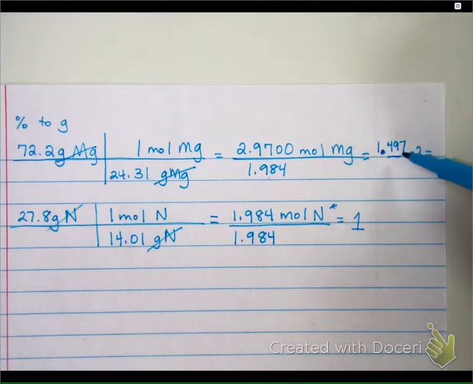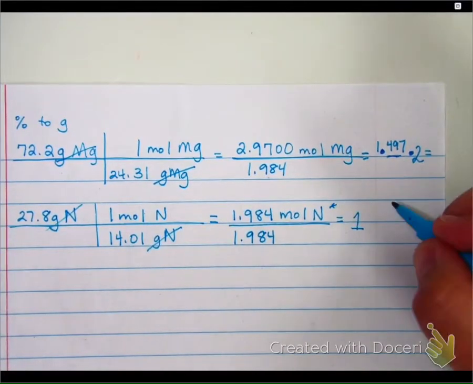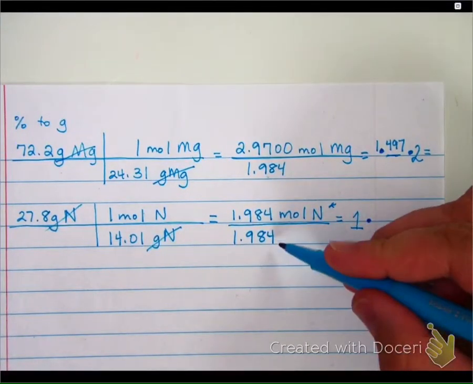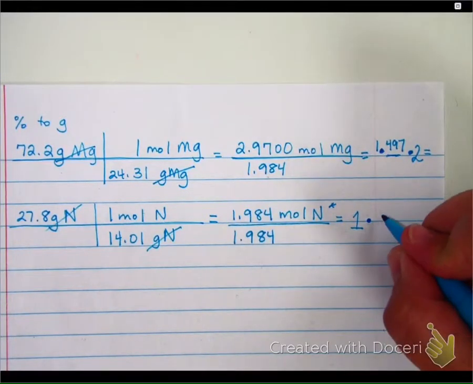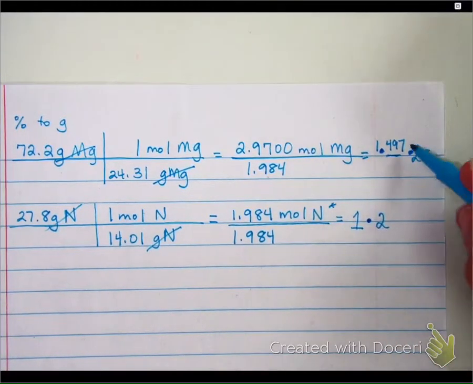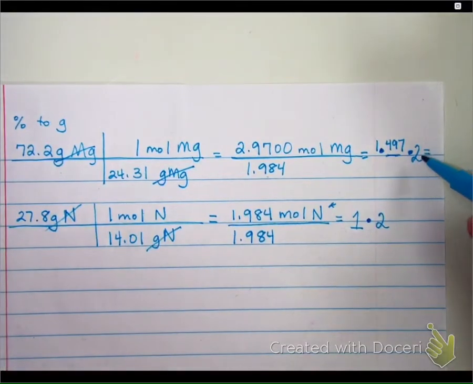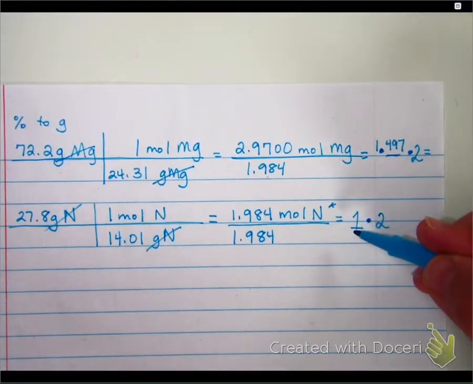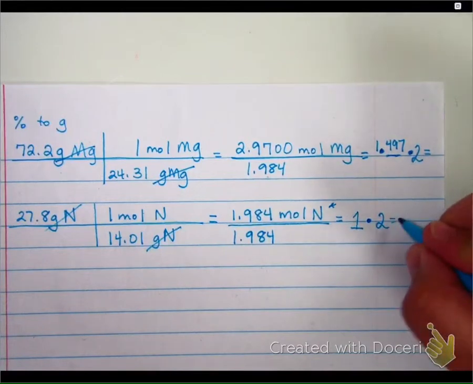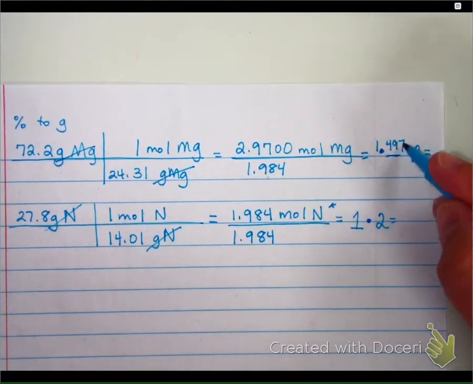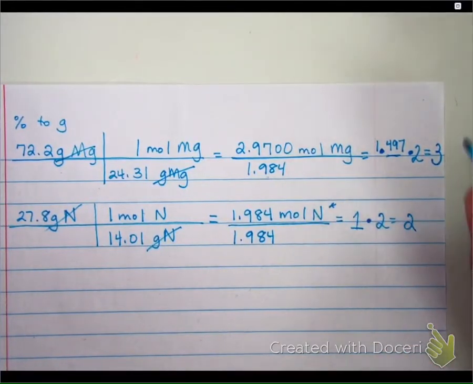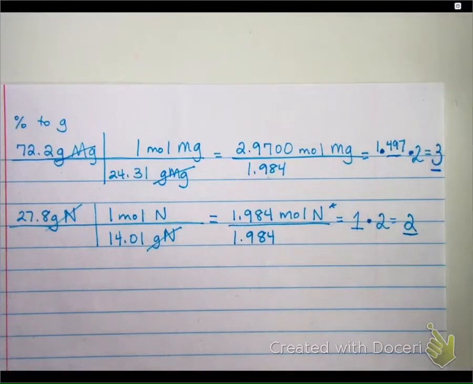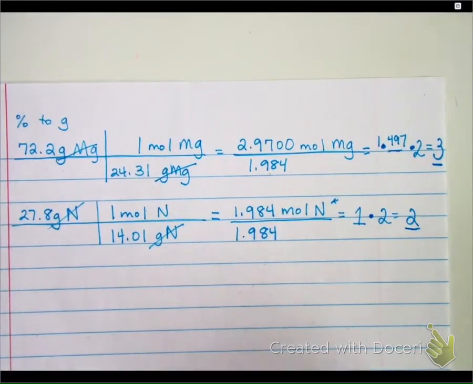And if I multiply this times 2, I've got to multiply this one times 2, because when we divide all the mole amounts by the smallest, we set up a ratio. So what you multiply one of these ratio numbers times, you have to do to the other. So when you multiply 1.497 times 2, you will get 3, and 2 times 1 is 2. And now this number and this number are the subscripts for the elements for the empirical formula.